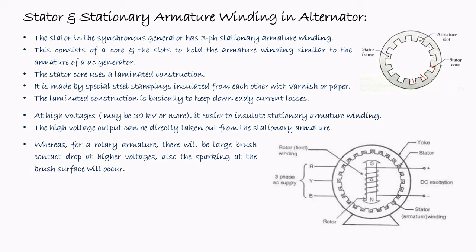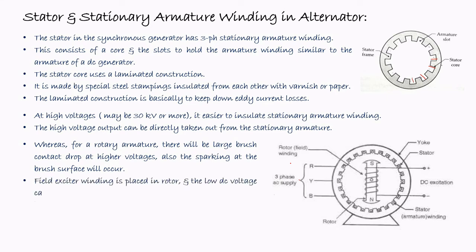Then according to Faraday's law of electromagnetic induction, the three-phase EMF will be induced in the stator windings, that is the armature windings, and this EMF can be easily collected from the stator, that is the stationary part. So the power supply can be given to the external circuit.